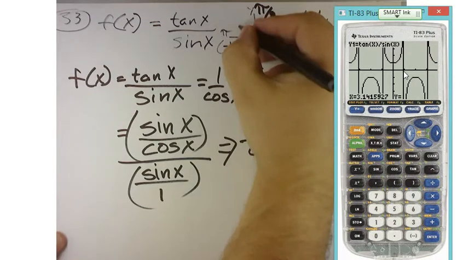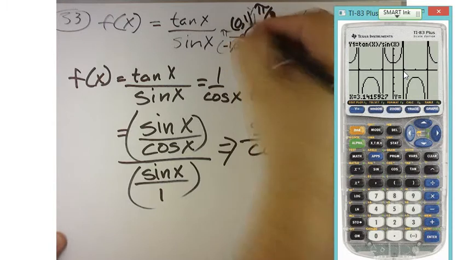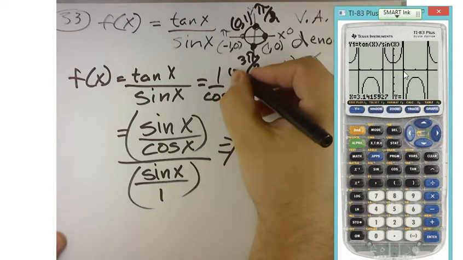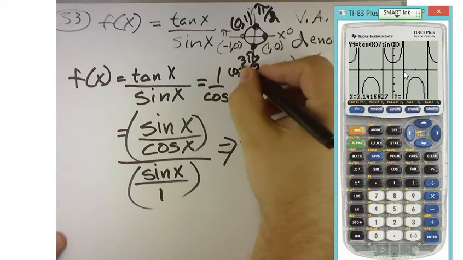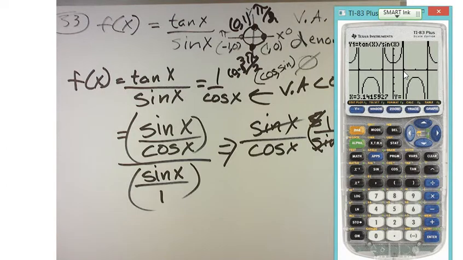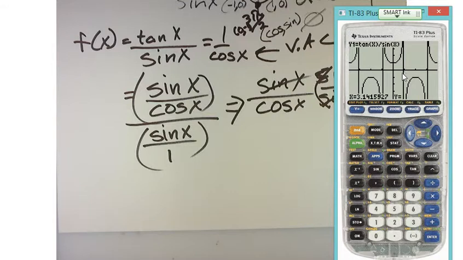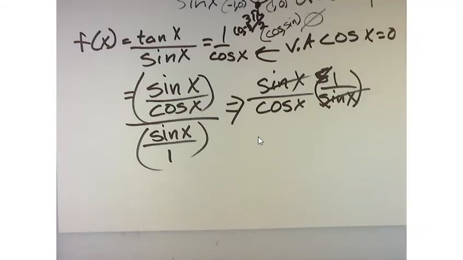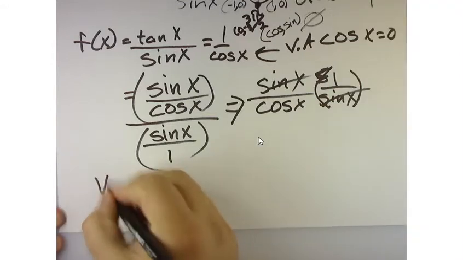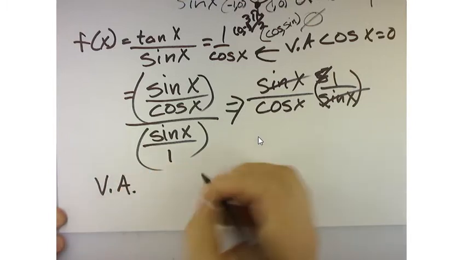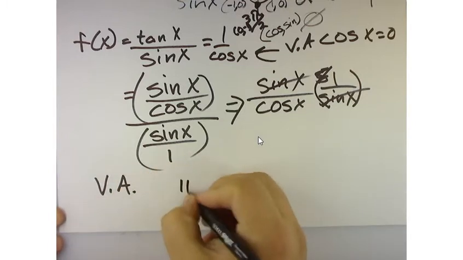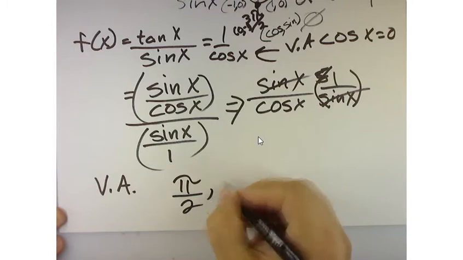Because it would be 0 comma 1 and 0 comma negative 1. So I'm just guessing. What do I say then? Well, they occur at pi over 2, 3 pi over 2.